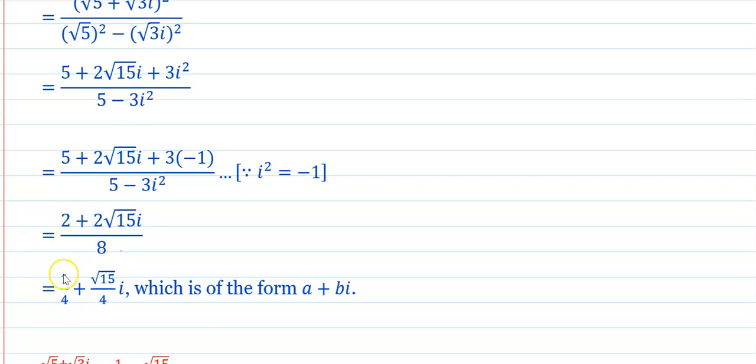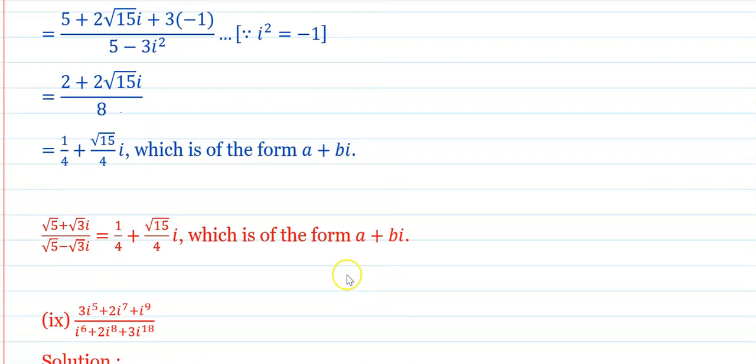That is 2 by 8, means what? 1 by 4. 2 root 15 i upon 8 means root 15 upon 4 into i, which is of the form a plus bi. And hence (root 5 plus root 3 i) upon (root 5 minus root 3 i) is equal to 1 by 4 plus root 15 upon 4 into i, which is of the form a plus bi.